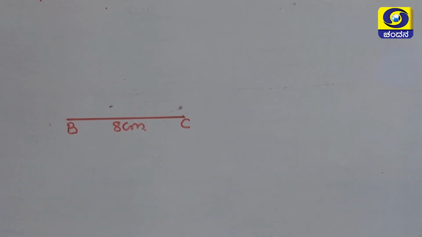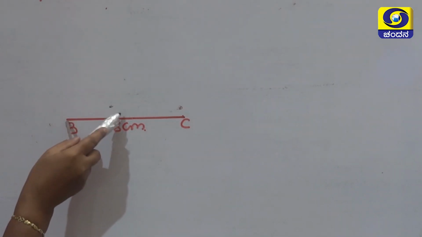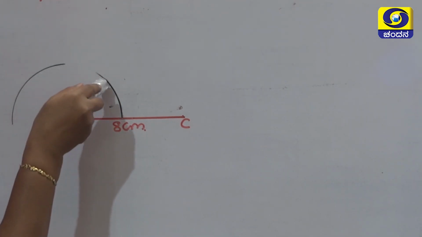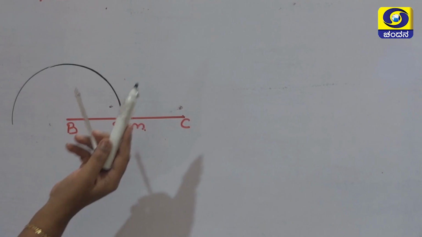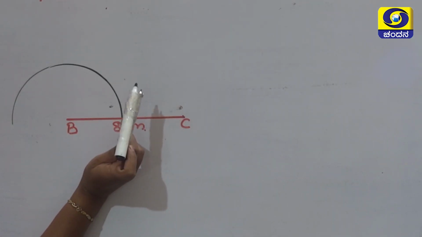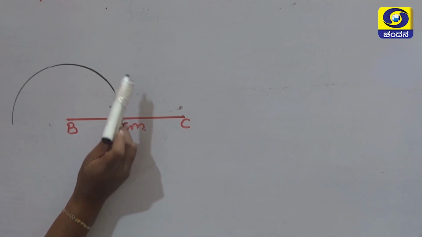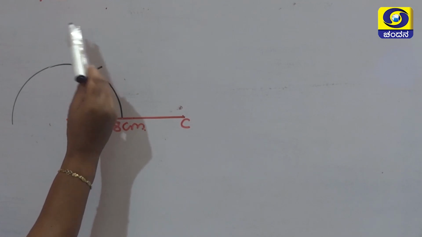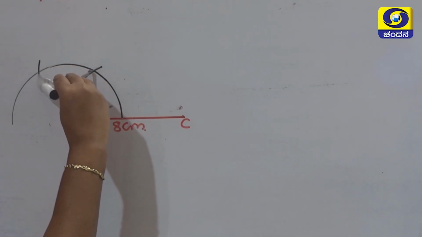To construct the perpendicular, we have to make an arc here like this. Now without disturbing the compass, we have to keep the needle of the compass at the starting point of the semicircle and make an arc. Here one more arc.